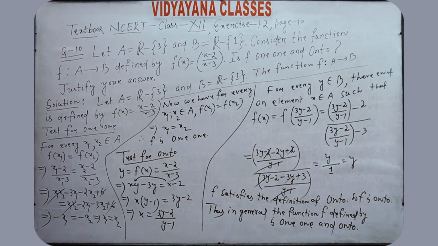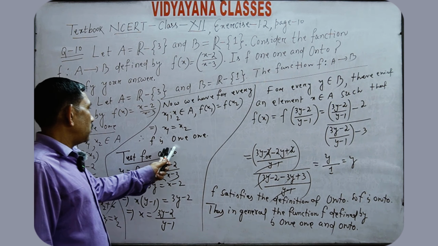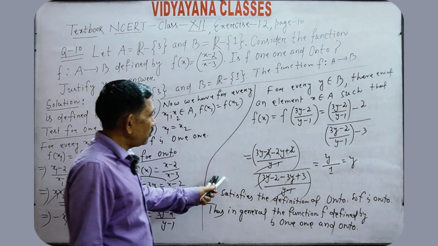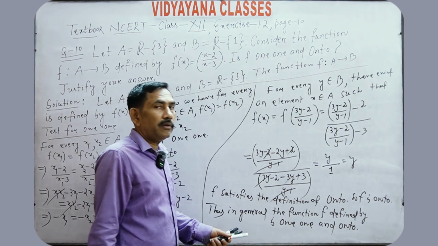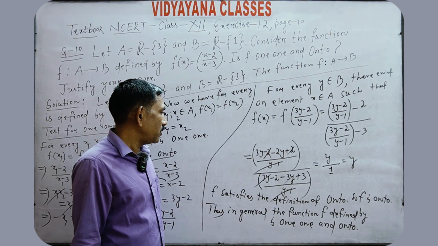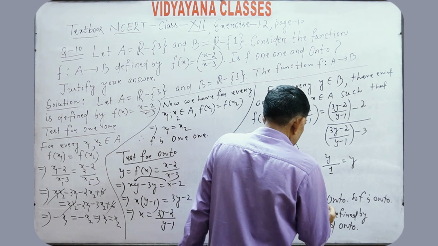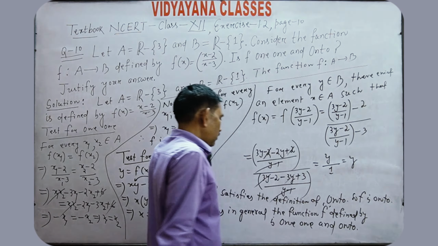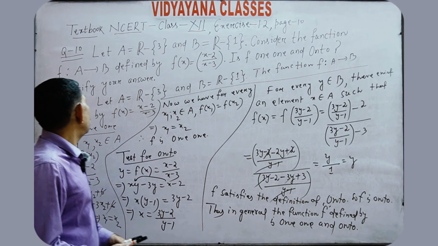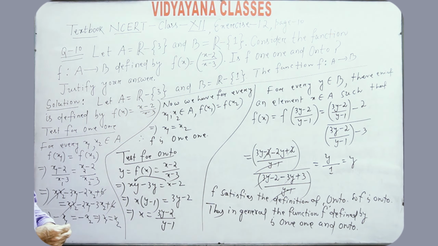Clear? f satisfies the definition of 1-1. f also satisfies the definition of onto or surjective. Thus, in general, the function f defined by this is 1-1 and onto. Clear? Okay, note down.